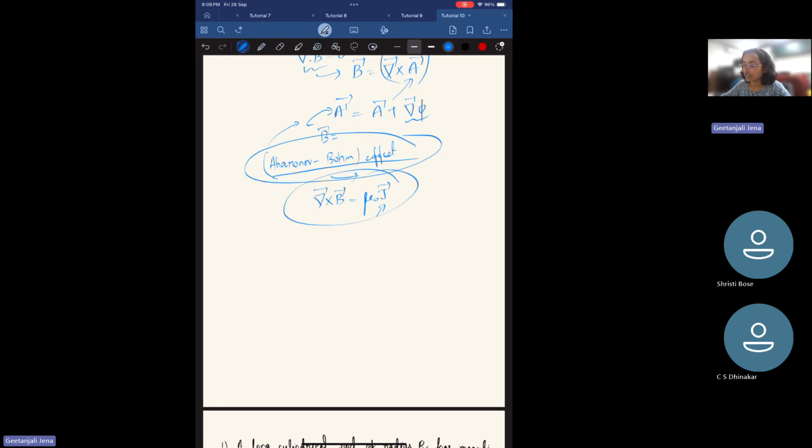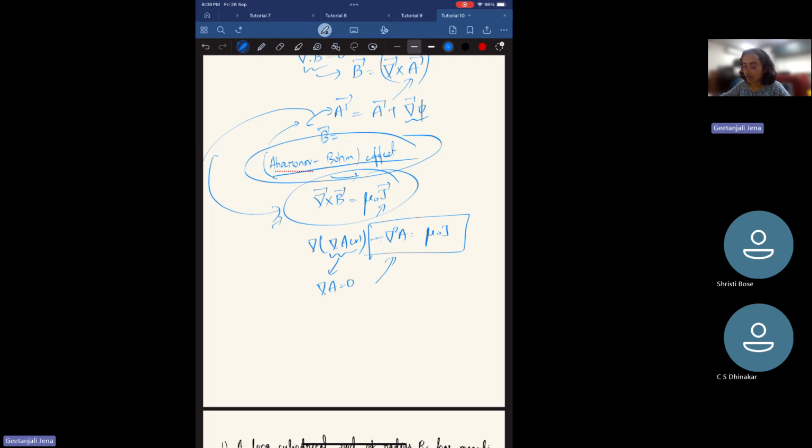If you put B equals curl of A into this equation, you get an equation of the form gradient of divergence of A minus del square A equals mu naught J. And if you put in a specific condition, the Coulomb gauge condition, where the divergence of A vanishes, we are left with Poisson's equation.